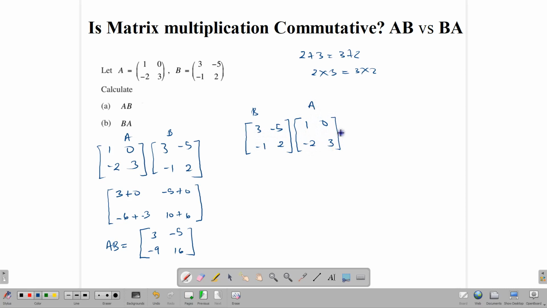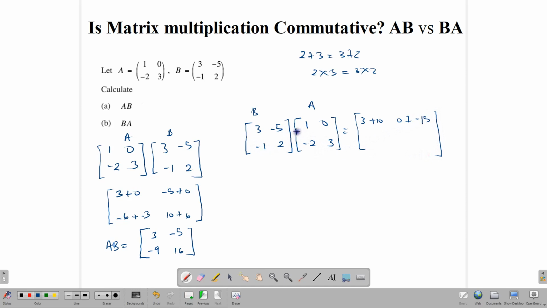Row by column. So 3 times 1 is 3. Negative 5 times negative 2 gives us a positive 10. Row by column, 3 times 0 is 0, plus negative 5 times 3 is negative 15.